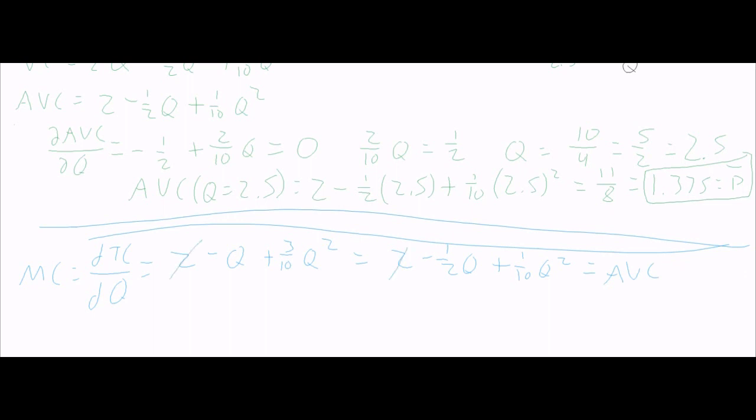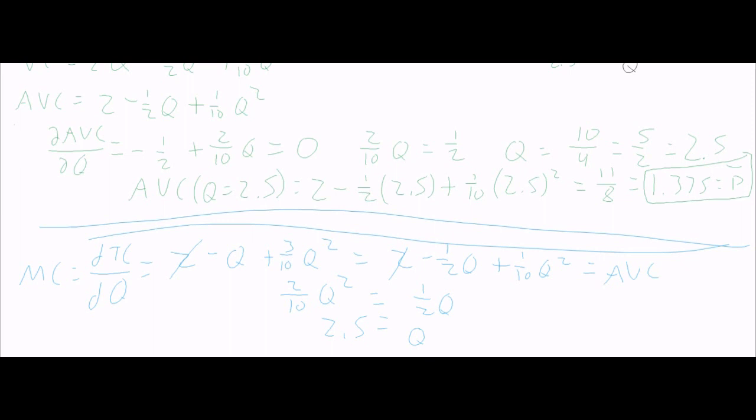Let's see, 2's cancel out. I'm left with 1/2 Q on this side by adding Q to both, and 2/10 Q squared on that side. Let's see, and yeah, long story short, that's going to boil down to the 2.5. And then you can substitute that back in your average variable cost function.